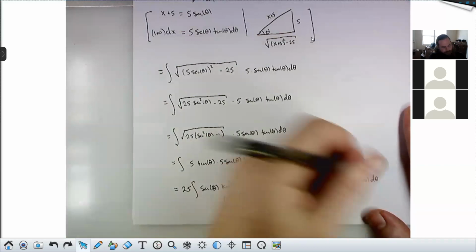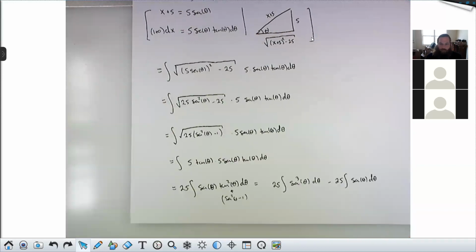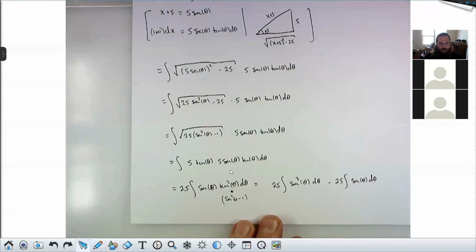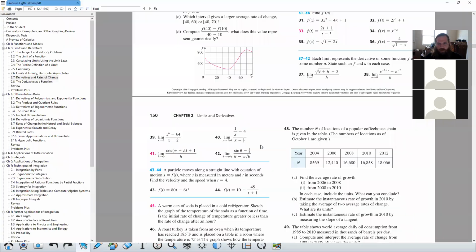Are we going to learn about ways to attack this with hyperbolic trig functions or no? To attack this with what? Hyperbolic trig functions? I'm not aware of a nice way to attack this particular one with hyperbolic trig functions. There are some things like this that we can handle with hyperbolic trig functions. Well, maybe this could be. Yeah, I think you probably could do this with like a hyperbolic secant substitution instead.